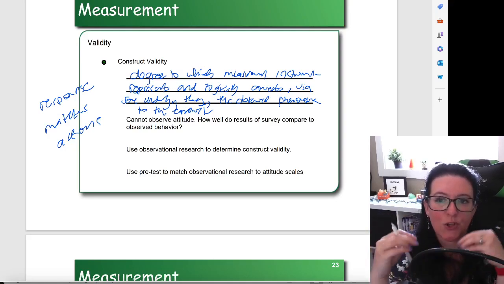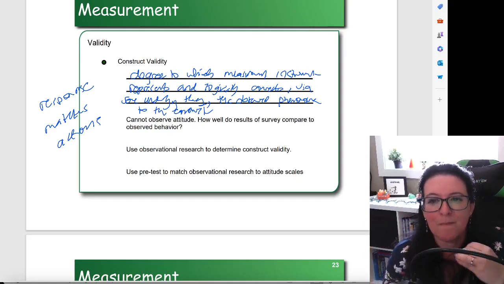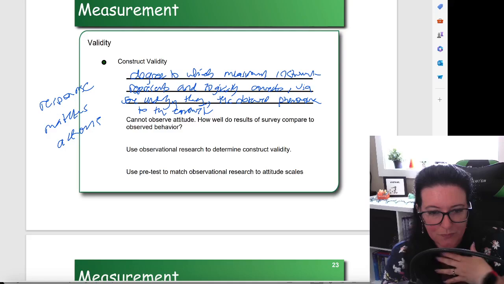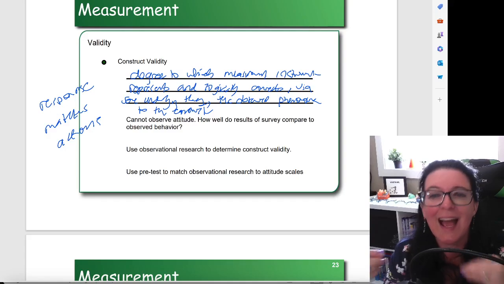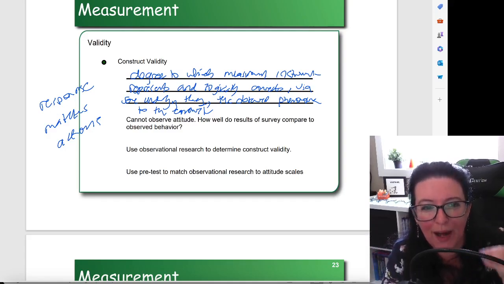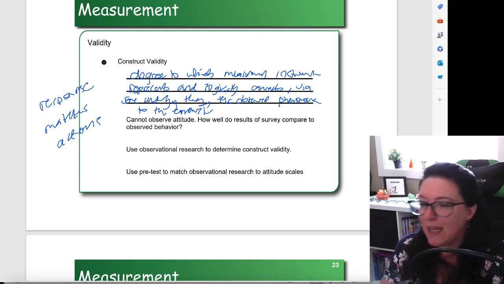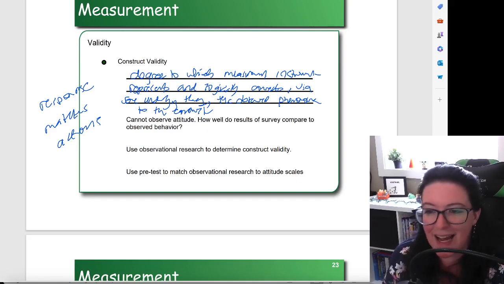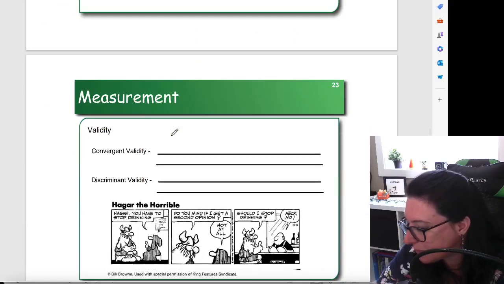If they responded a certain way to the question, then what's the probability they actually act? And depending on where they are on the scale will determine the probability that they actually act. So we can convert this into actually predicting how many people will actually buy a product. That's that construct validity. We're tying these questions about opinions to actual action by tying the surveys to observational research. Does the response match their actions?